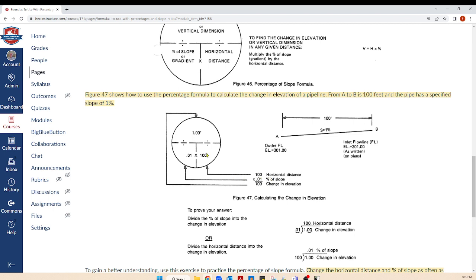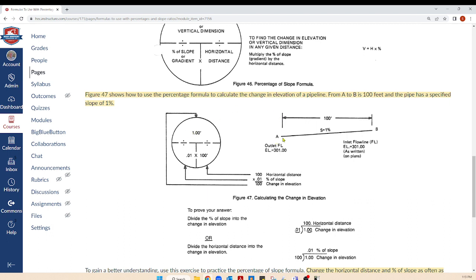Let's see where horizontal goes here. If your percent slope is 0.01 and your horizontal is 100, your vertical is going to be 0.01 times 100 equals 1, your vertical.